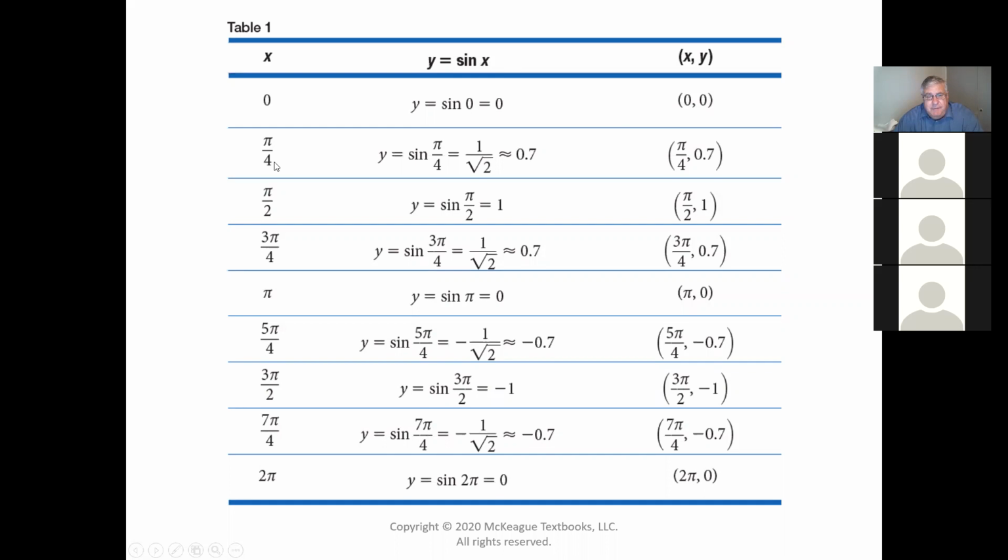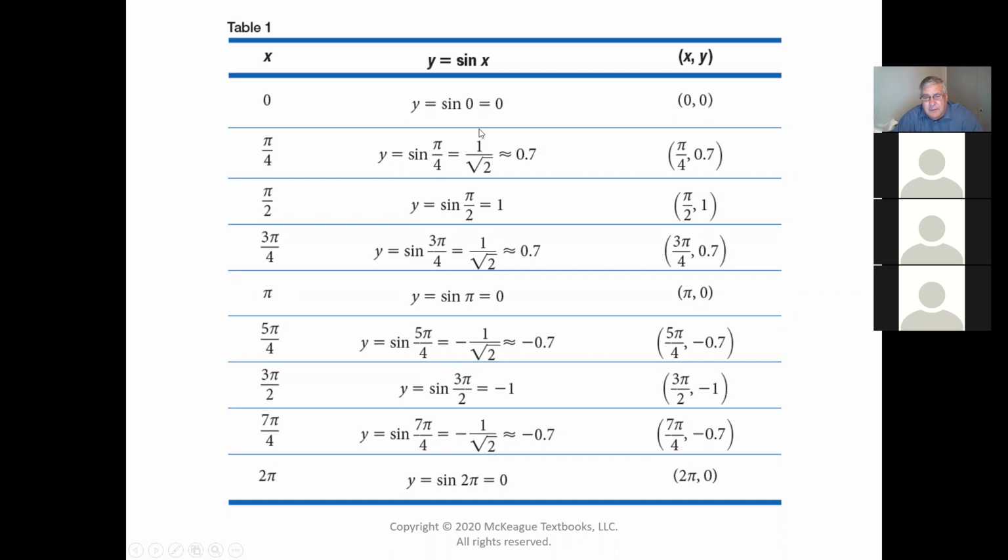If x is pi 4th radians, you put pi 4th radians in for x. And ladies and gentlemen, check your unit circle. What's the sine of pi 4th? Remember, the sine of the angle is the y coordinate of the point that's labeled on the unit circle. What's the sine of pi 4th?